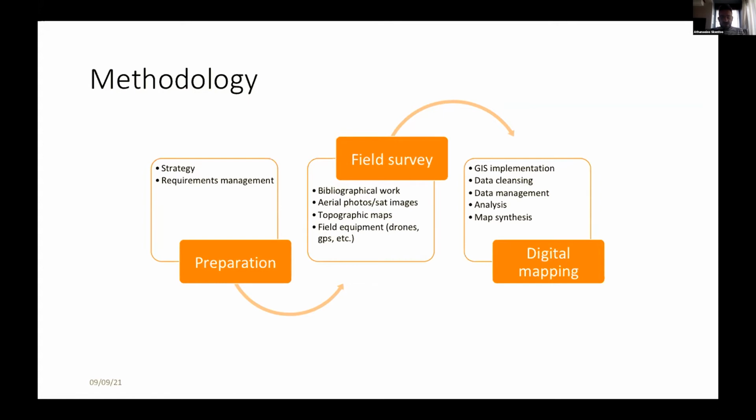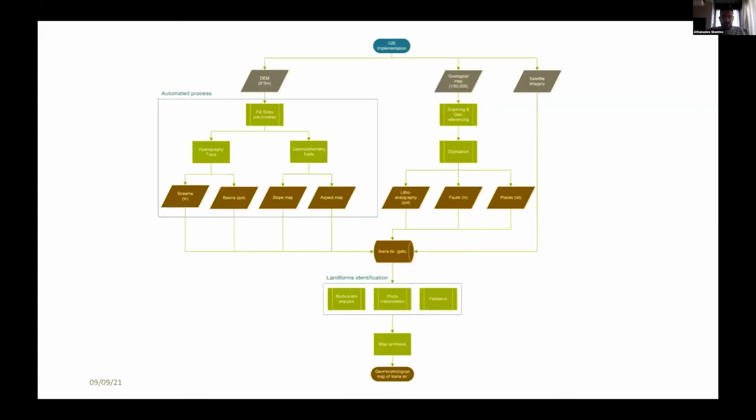We have the data processing, including the cleansing, management, and creation of secondary data using the spatial analysis libraries of various GIS software like ArcGIS and QuantumGIS. And of course, the final stage is the map composition. So I have a swim lane here. It's the methodology that I followed when I did my PhD thesis for creating a geomorphological map of Ikaria Island in the Aegean Sea.